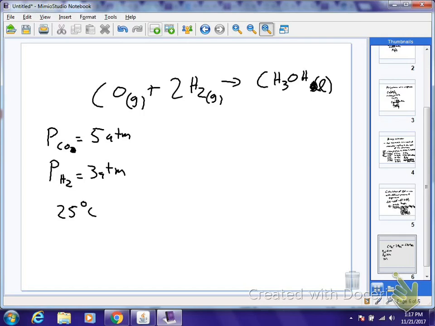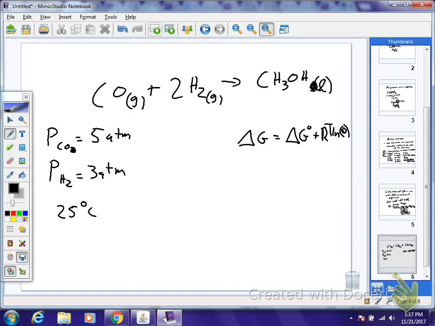Now the equation, which I already put down, but I'm going to put it down over here: delta G is equal to delta G standard plus RT natural log of Q. Let me rewrite that because I ran out of room, and I can't write very well like this.